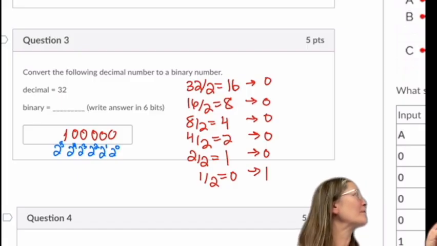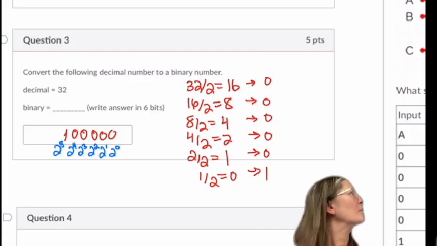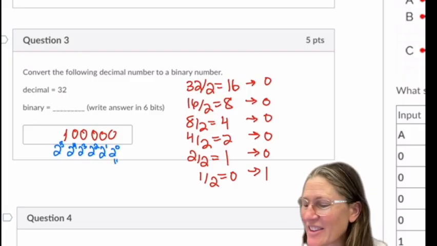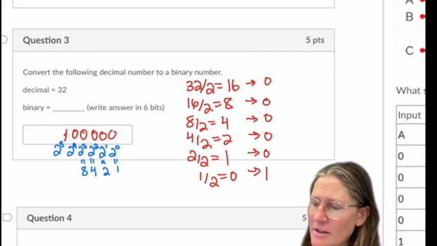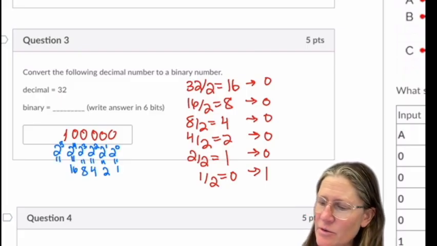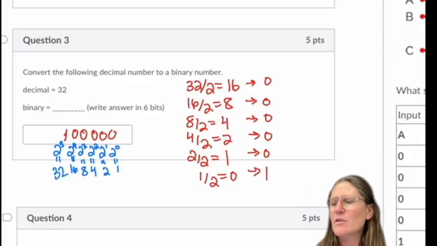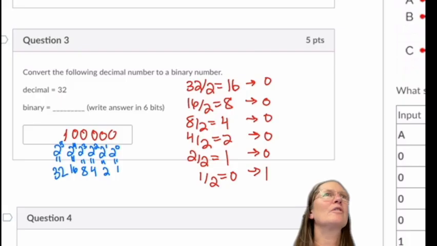Two to the 4th is 16. So this is 1, 2, 4, 8, 16, and then 32. Okay. Did the same thing I did.